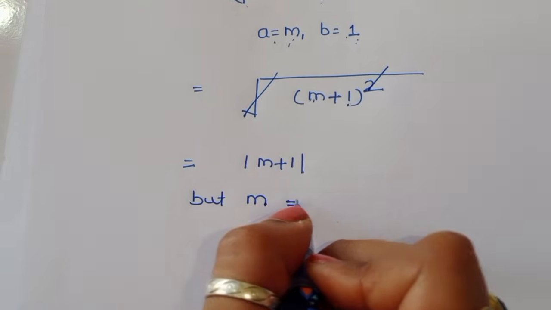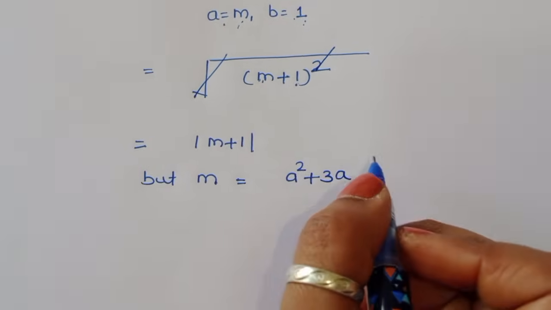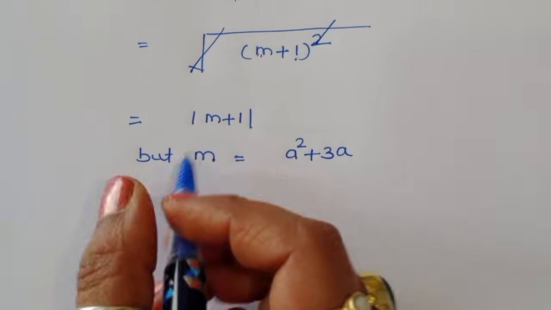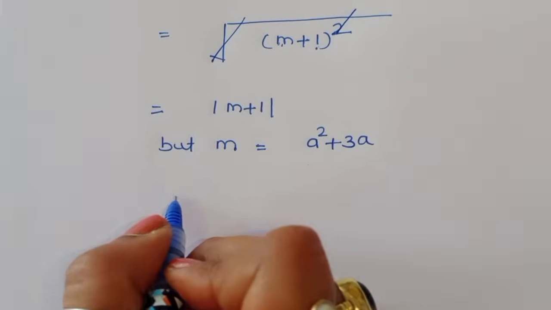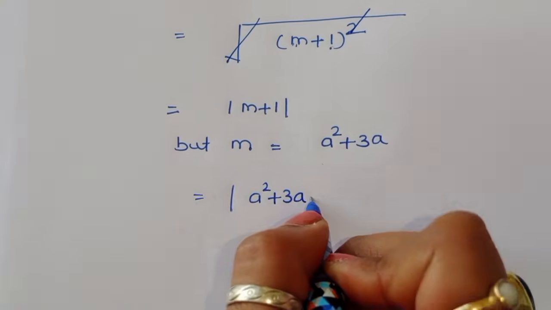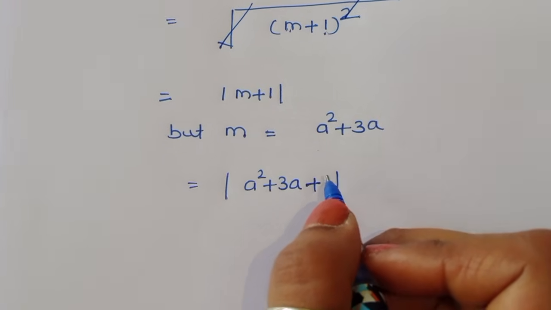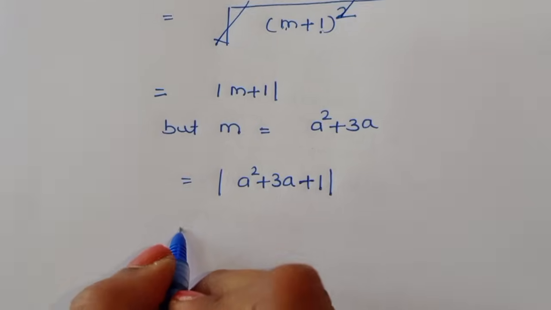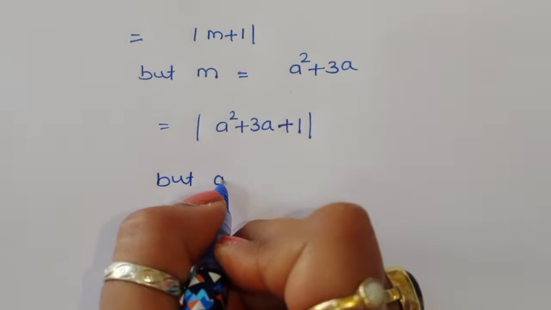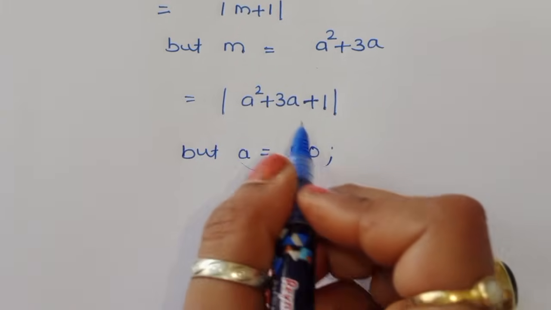But we know m is a square plus 3a, so the value is a square plus 3a plus 1, right? Now a is equal to 50, so we substitute this value of a.